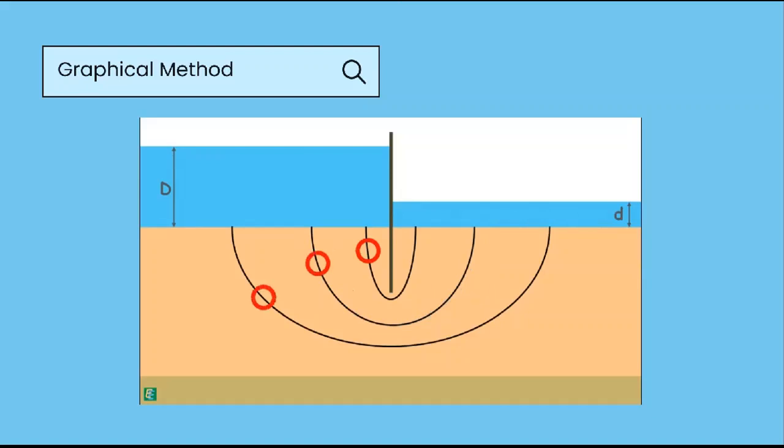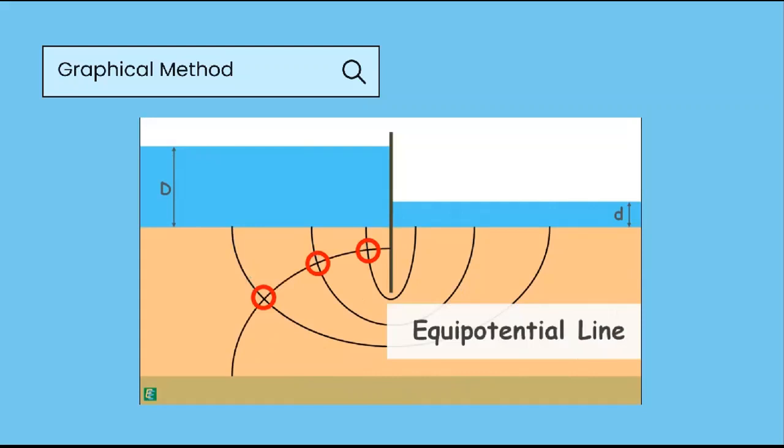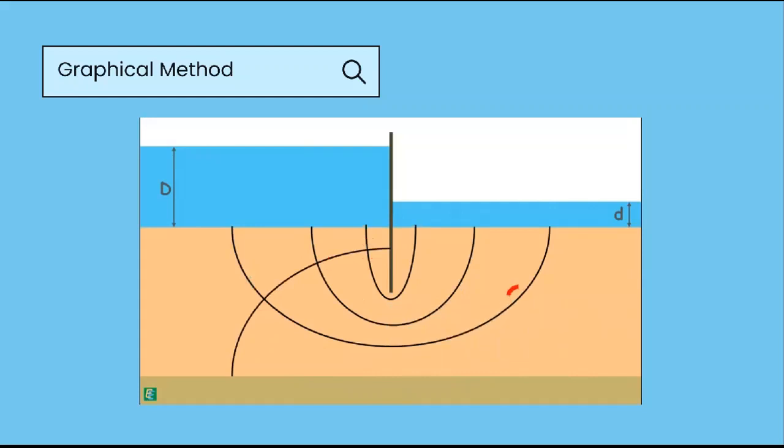So we can pick up certain points on the different flow lines where the total energy loss is equal, or we can just say points of the same energy level. When we join such points together, the line so formed is an equipotential line. Similarly, many different points of the same energy on different flow lines can be observed, and many such equipotential lines can be drawn.